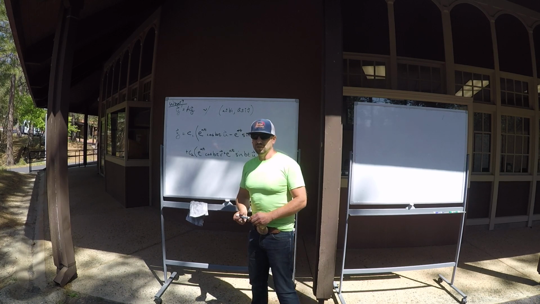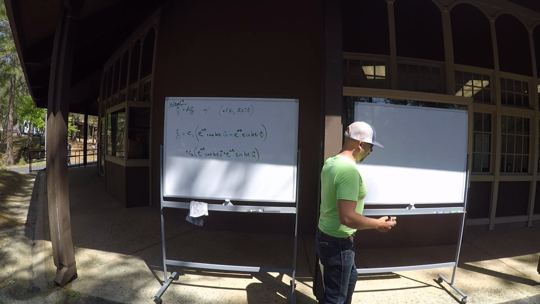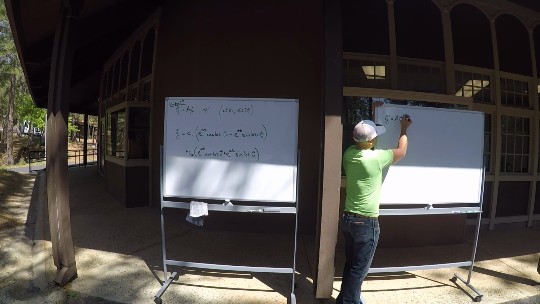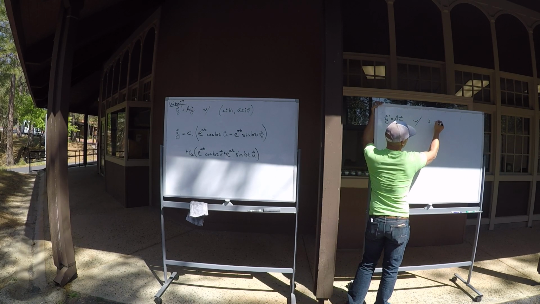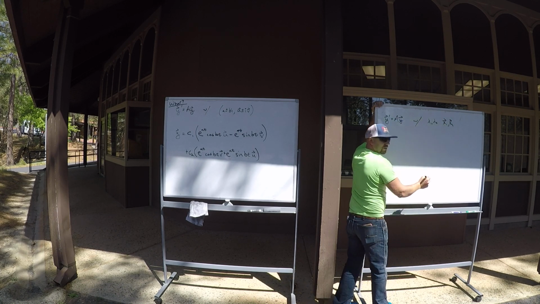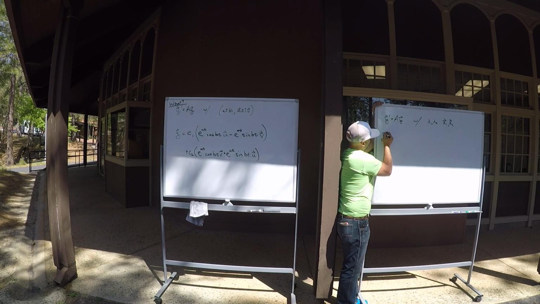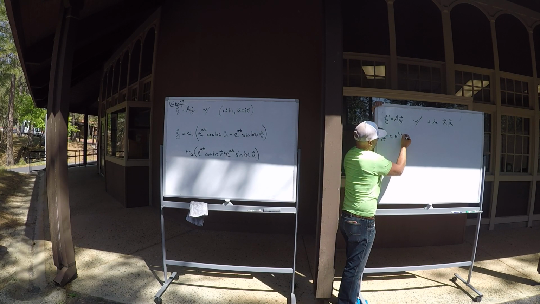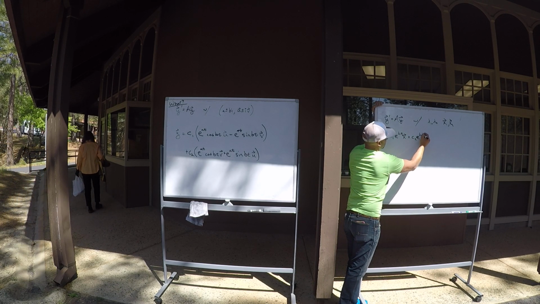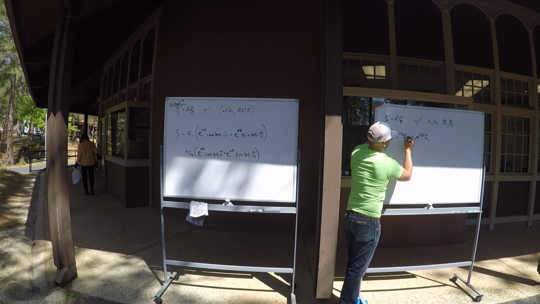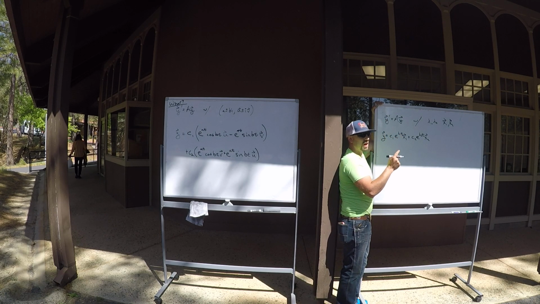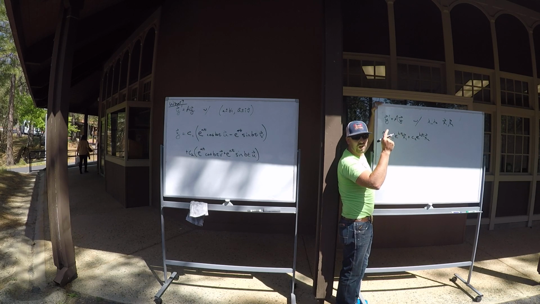If we had y prime equals A y, with lambda 1 and lambda 2 associated to x1 and x2, you would get c1 e to the lambda 1 t times x1 plus c2 e to the lambda 2 t times x2.